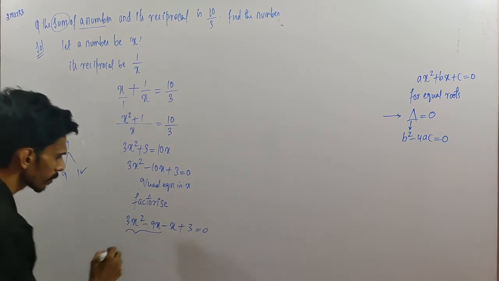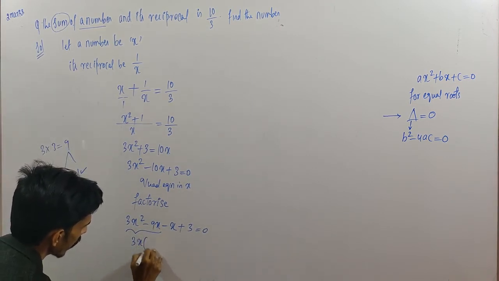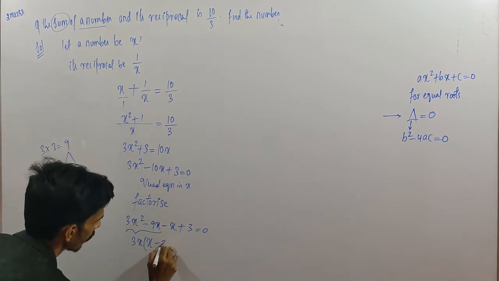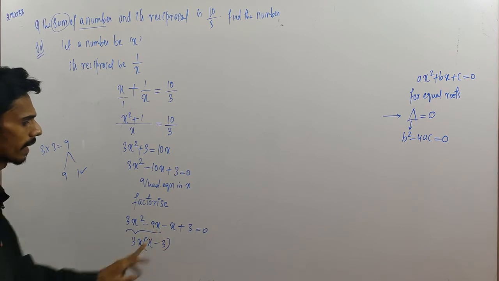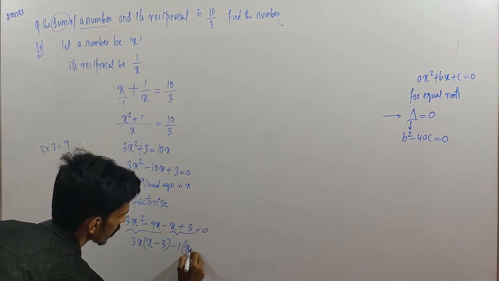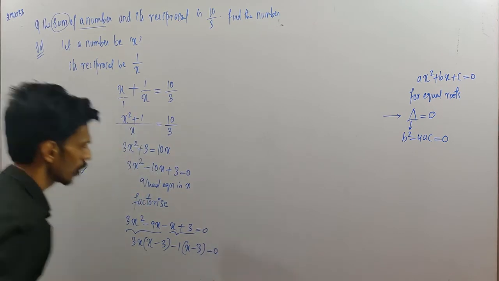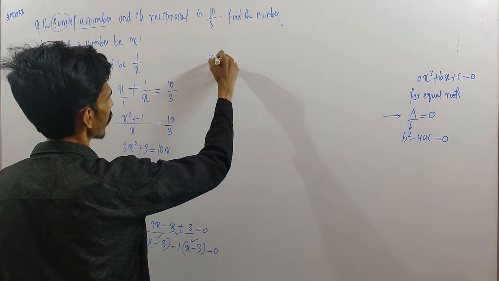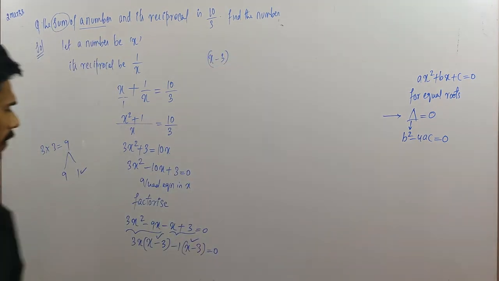Take common here 3x. Common here we have x minus 3. 3 3s are 9x. Now take common from here, we have minus 1 here. So x minus 3 equal to 0. Now these two terms are same, take common. We have x minus 3.